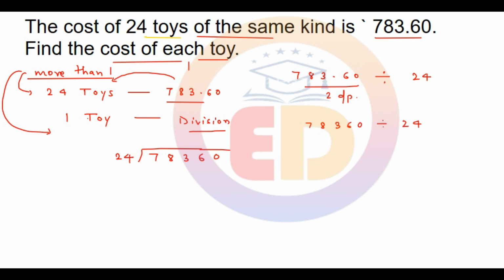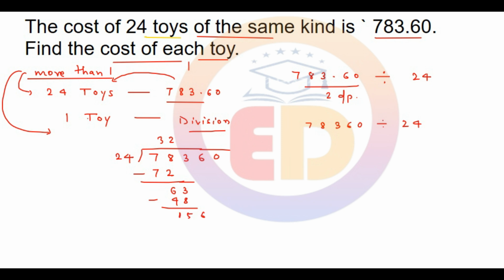Divide it by 24. 24 3s are 72. Subtracting, I get 6. Take the next number 3 down. 24 2s are 48. Subtracting, I get, this is 13 minus 8 5. This is 5 minus 4 1.